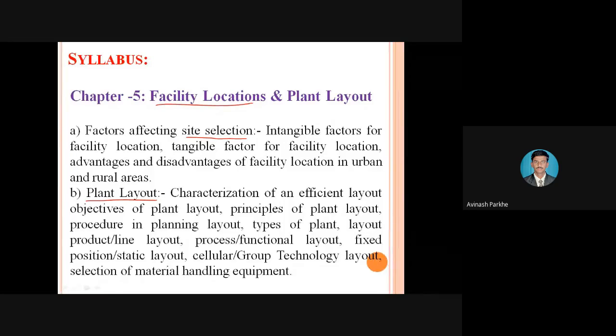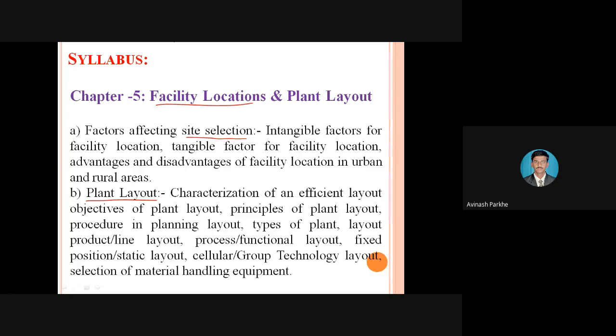The layout should be designed in such a way that there should be minimum backtracking, and your material and the operator have to travel a minimum amount of distance. So like that, the layout should be designed. But which types of layouts are there, which principles we are going to consider, that we will discuss in part B.